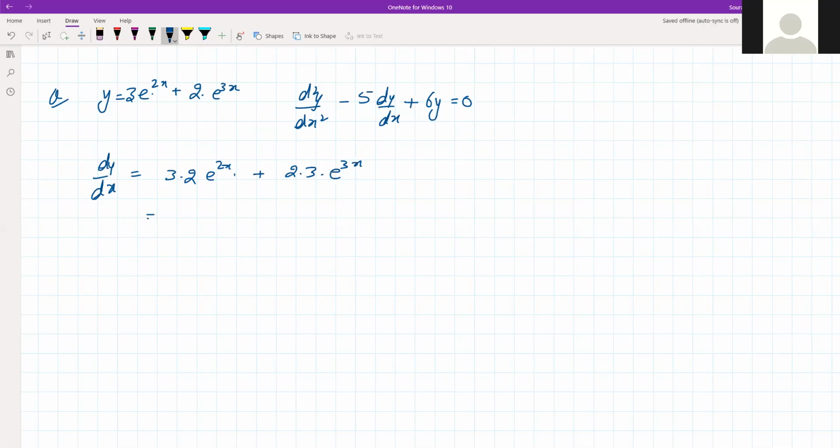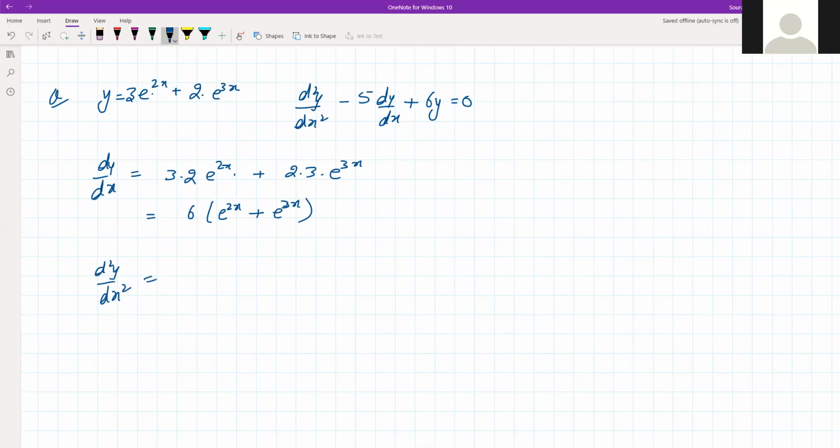So that is actually equal to 6 into e to the power 2x plus e to the power 3x. That is dy by dx. What do we have to do next? We have to next find d square y by dx square.